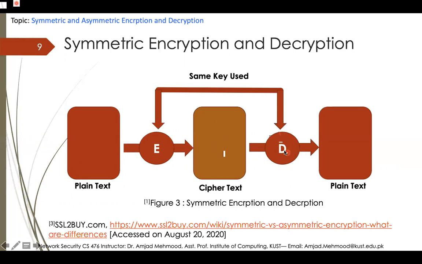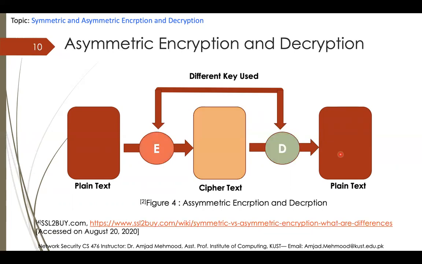And then it reaches the destination, where the destination performs the reverse process of that which was performed in the encryption process. So after performing the reverse operation, the receiver gets the plain text back. So this is called symmetric encryption.